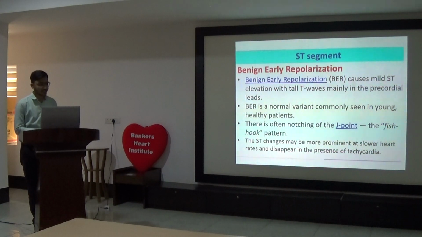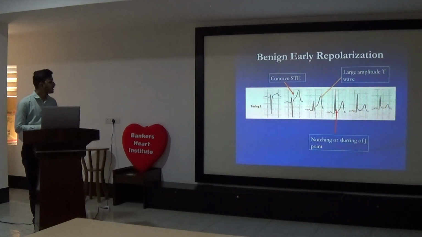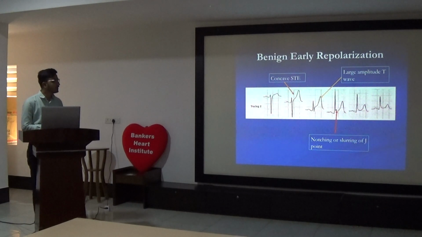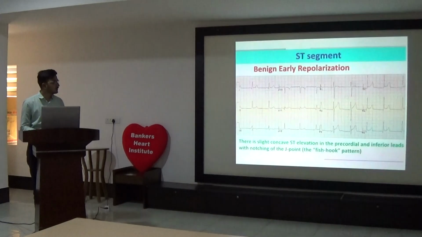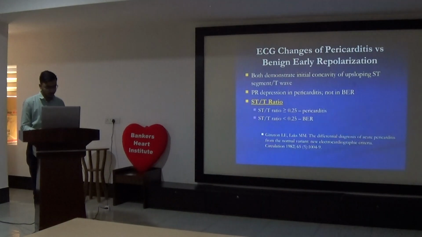The ST changes may be more prominent at slower heart rates and disappear in the presence of tachycardia. So in benign early repolarization there is concave ST segment elevation with large amplitude T waves, and in some cases notching or slurring of the J point. It is also called the fish hook pattern.